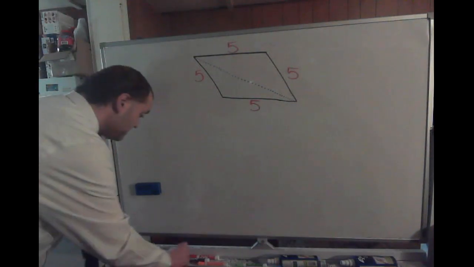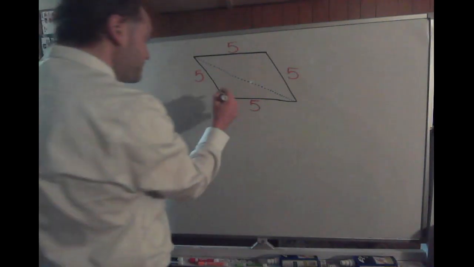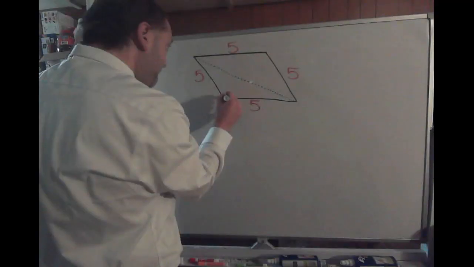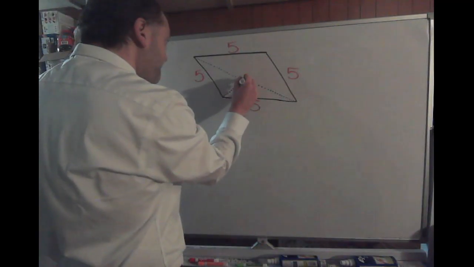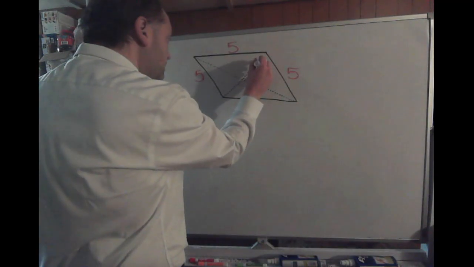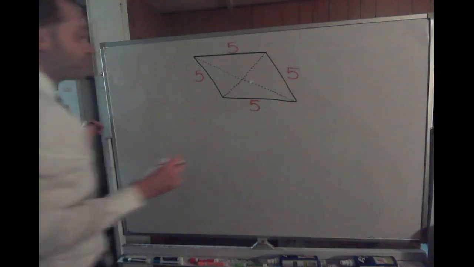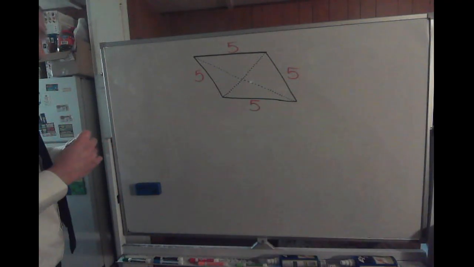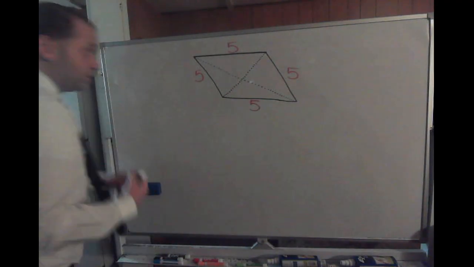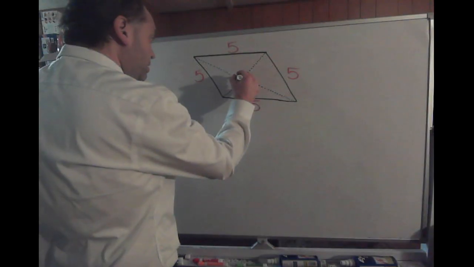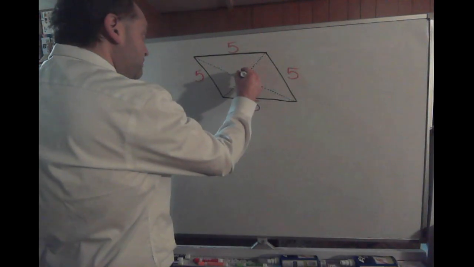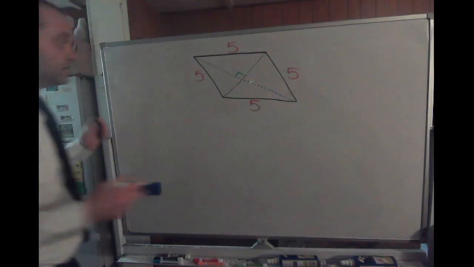Then let's set up our second diagonal. And of course, for good measure, let's place a perpendicular marker here for the diagonals intersecting.